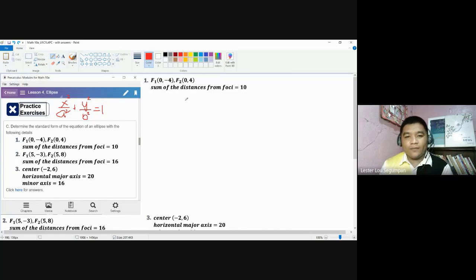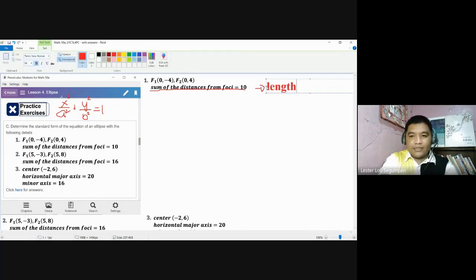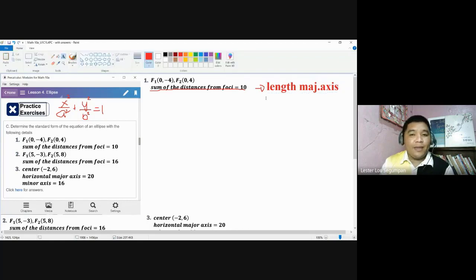Let's talk about number one. Here, we don't have the center. When you talk about the distance between the foci, this is the length of the major axis, which is equal to 10.